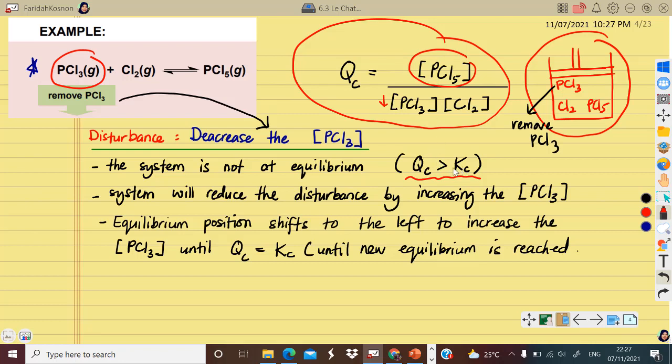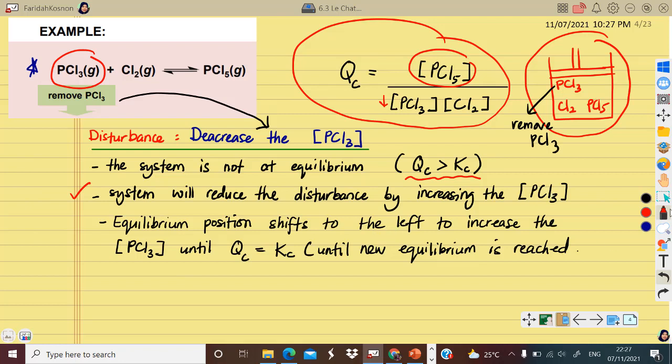So how does the system counteract and reduce the disturbance? The system will reduce the disturbance by increasing the concentration of PCl3. Okay, the system will replace the PCl3 that decreased in order to achieve a new equilibrium.